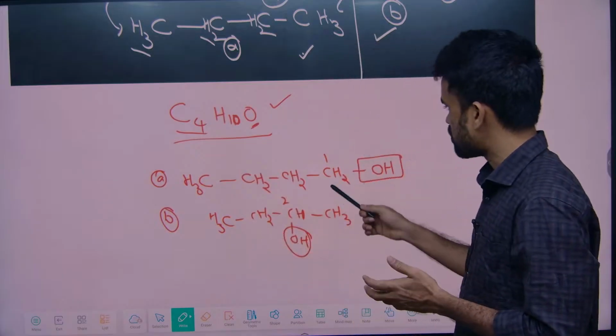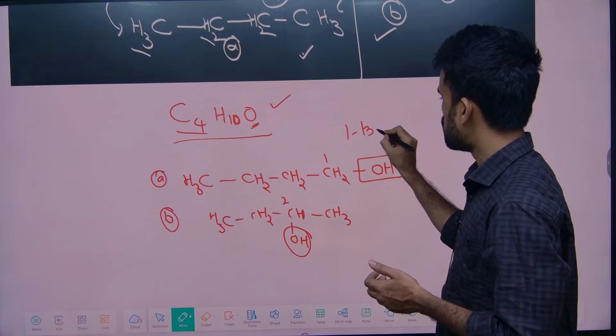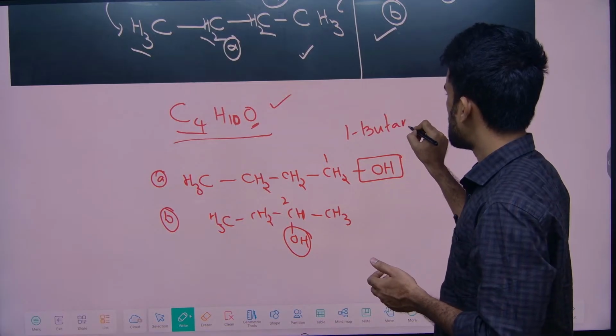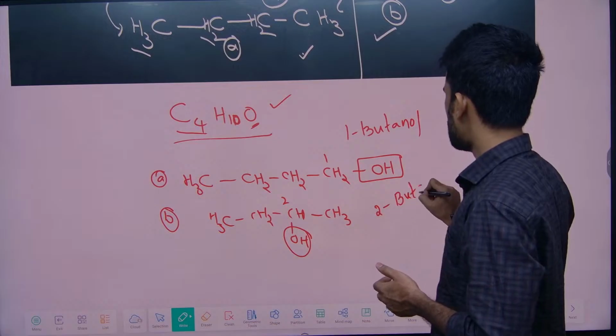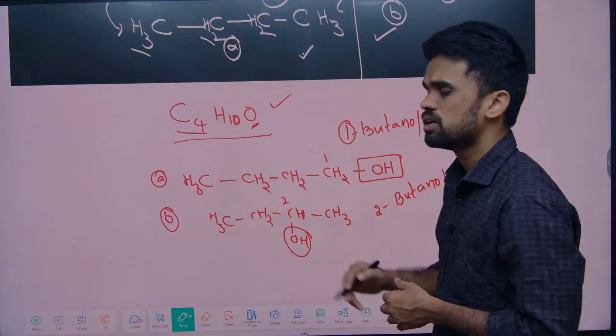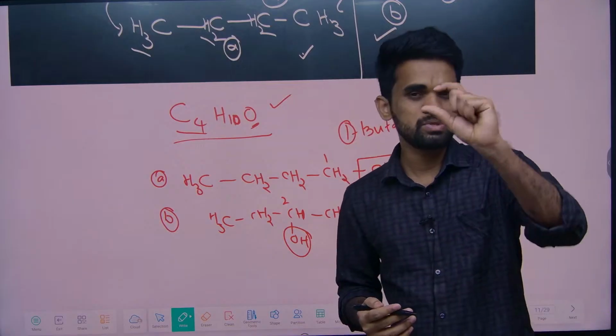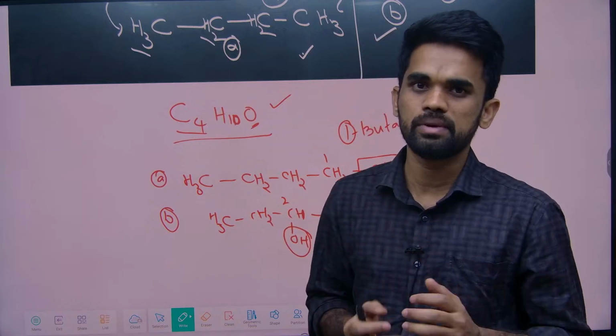For example, I can call the first compound 1-butanol, whereas the second compound 2-butanol. So they have a little difference, positions 1 and 2. Like this, there is a set of rules to be followed while writing names, which we are going to discuss in the upcoming session.